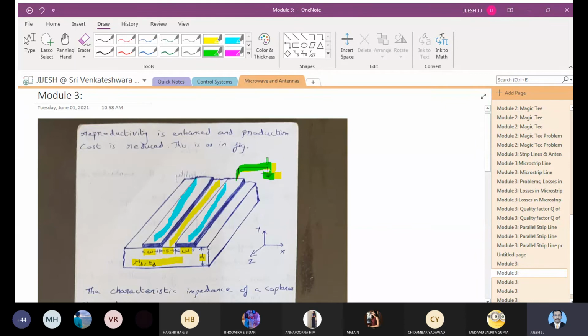So one of the strips has to be grounded, and you can also see the width W. Both the strips have width W and are separated by a distance of S. And here the dielectric constant is mu d epsilon d, and the thickness of the dielectric is d. So these are the things you can understand.